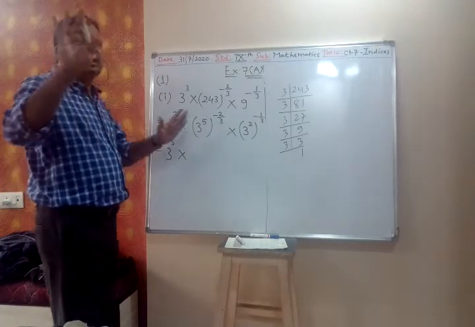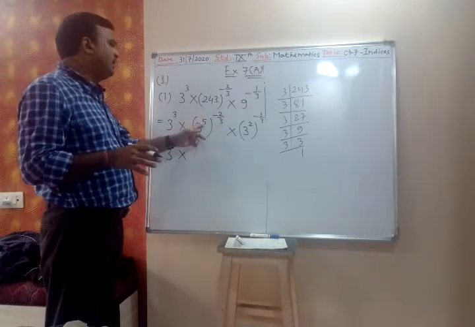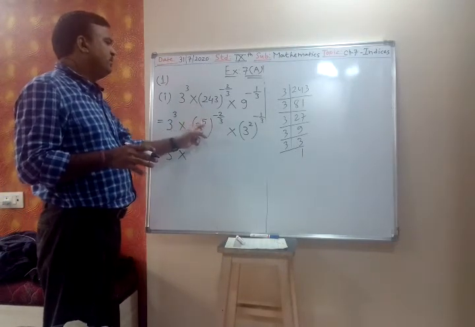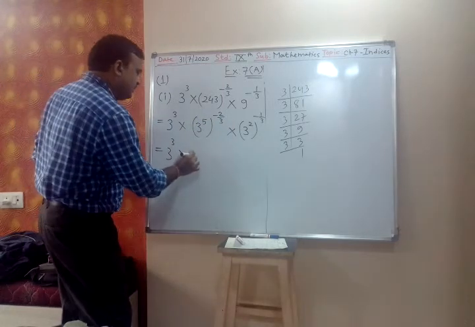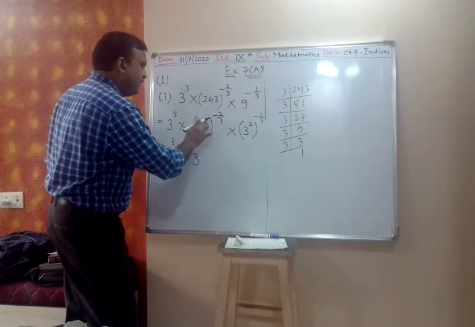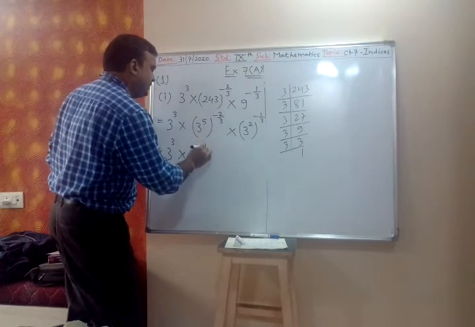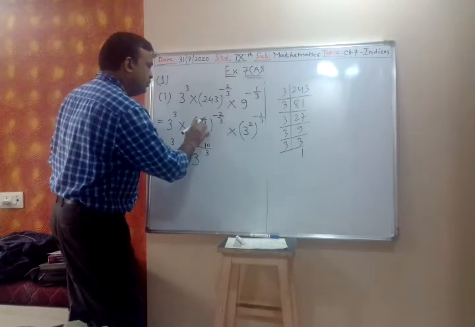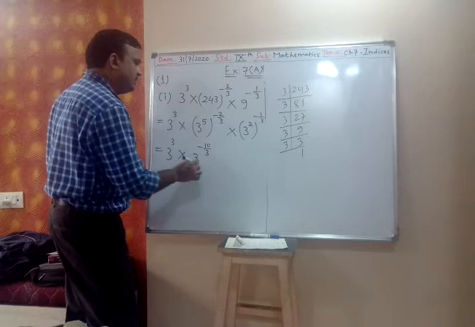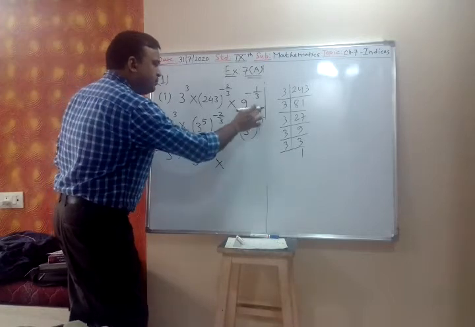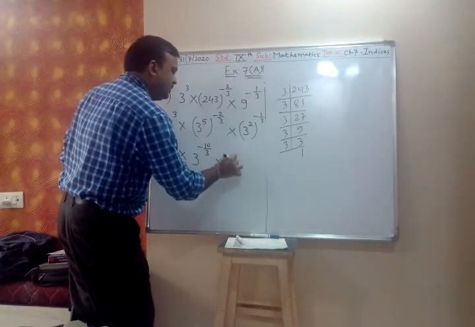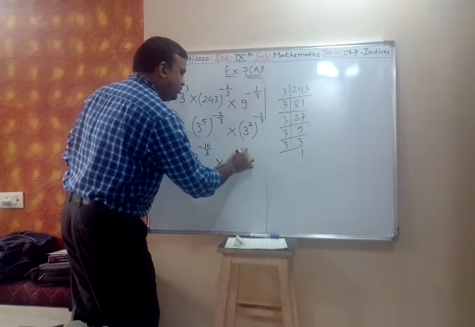I will simply use the formula, power raised to power: multiply the powers. So 3 raised to 5 into minus 2 by 3 is minus 10 by 3. Again, power raised to power, multiply the powers. So 2 into minus 1 by 3 is minus 2 by 3.